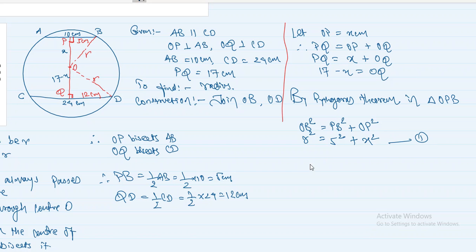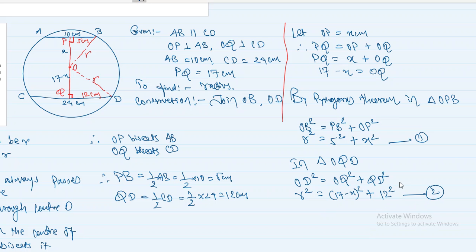Equation number 1. And in triangle OQD, also by Pythagoras theorem, OD square is equal to OQ square plus QD square. So OD square is R square, OQ square is 17 minus x the whole square, plus QD square is 12 square. That is equation number 2.